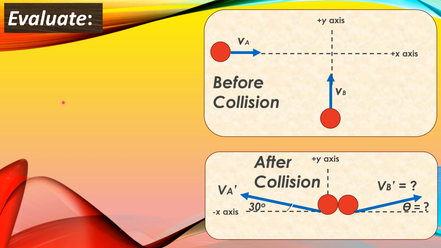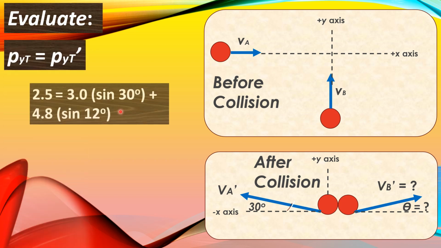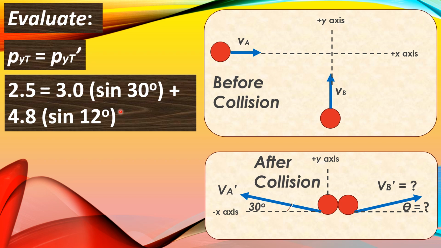Similarly, we do the same checking for the y components. P sub yt is also equal to 2.5, and P sub yt prime is 3.0 times the sine of the angle 30 degrees plus 4.8 times sine of the angle 12 degrees.